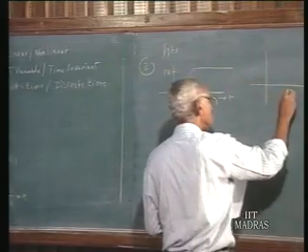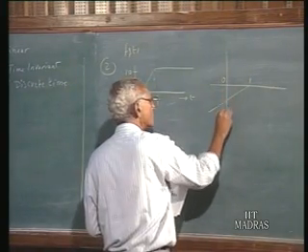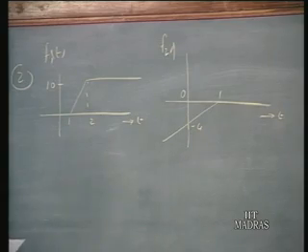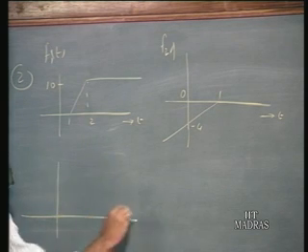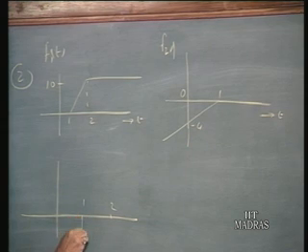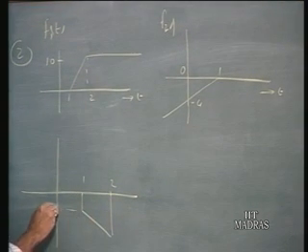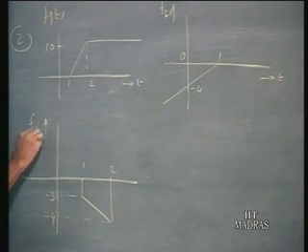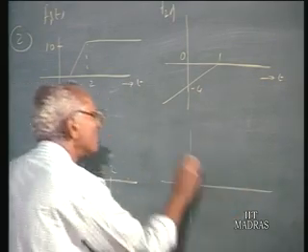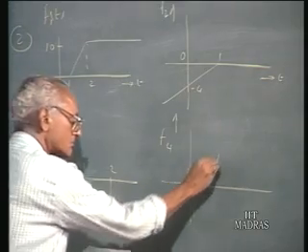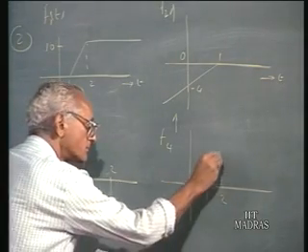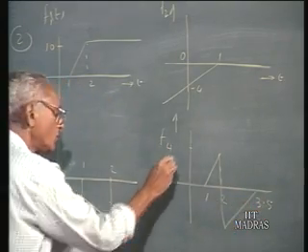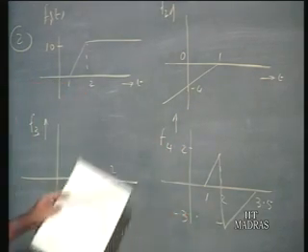The values marked on the sketches are, for f1, 1, 2, and 10; for f2, 1, 0, and minus 4; for f3, 1, 2, minus 3 and minus 4, everywhere else is 0; and for f4, 1, 2, 3, 3.5, with values 2 and minus 3. So four functions of time are given to you.